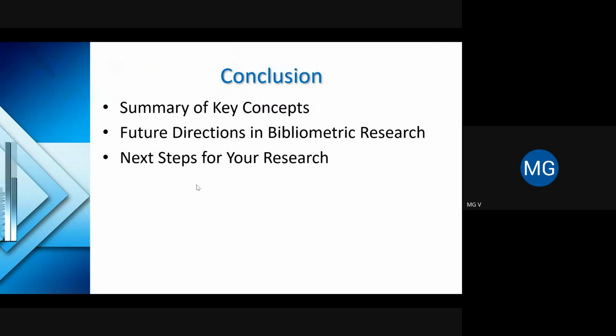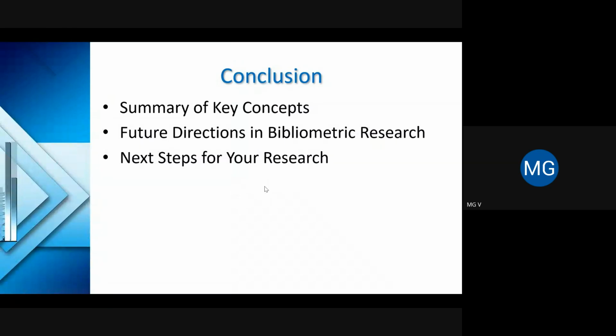So, we all realized that it is important to summarize key concepts, from conducting a systematic literature review to advanced bibliometric techniques like co-authorship analysis, keyword occurrence, and citation mapping. Bibliometric research continues to evolve with new tools and methodologies emerging.